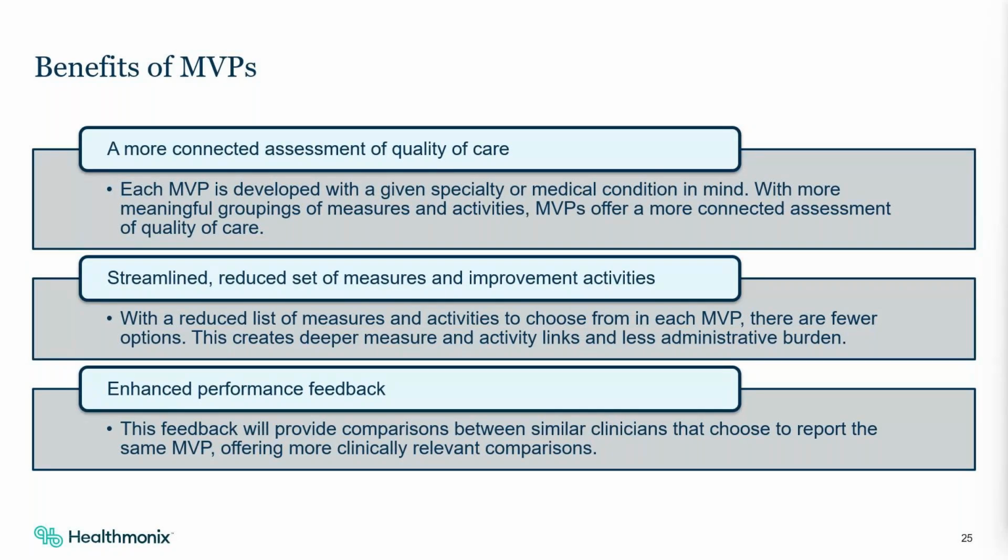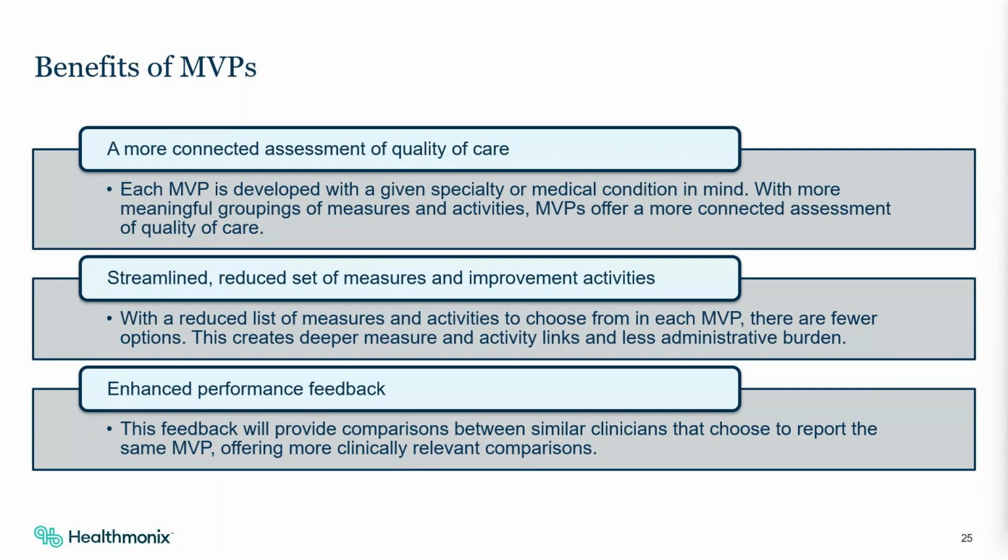Also, having a streamlined and more reduced set of measures and activities reduces the burden of reviewing and selecting which measures to choose from. As we work with a number of different types of provider groups and specialty groups, we hear a lot of frustration around how many measures there are to select from.